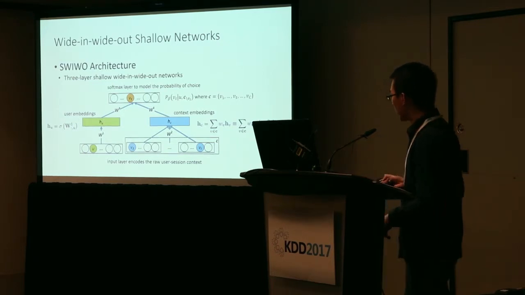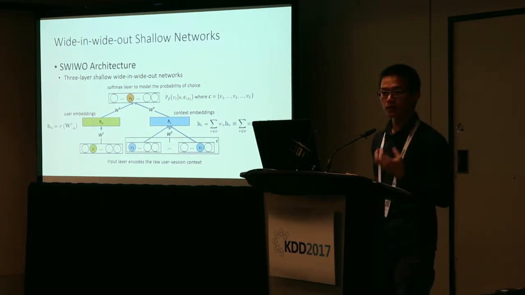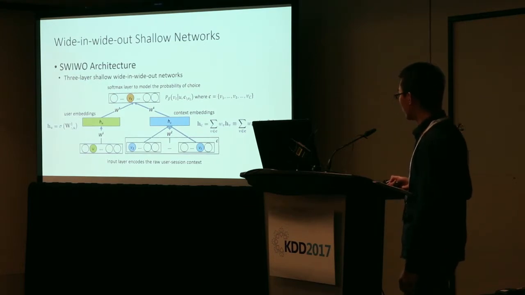This way, all the item vectors have the same length. This allows us to use the same mapping function to obtain the item embedding, which is HV here.